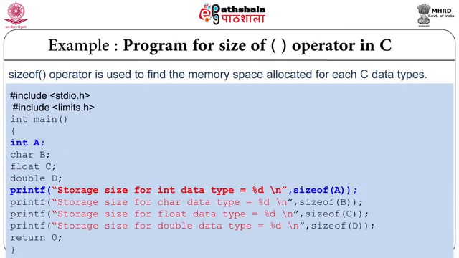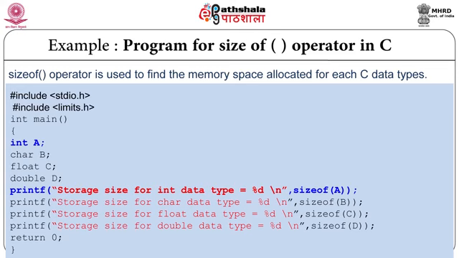Now, here I have given a simple example for demonstration of the sizeof operator. You can see in this program I am considering integer a, character b, float c, double d. In this example, we will find out the memory space allotted for each data type using the sizeof operator. The first data type is integer declared as variable a, and we can see in the program how the sizeof operator is being used to find the size of the integer data type.